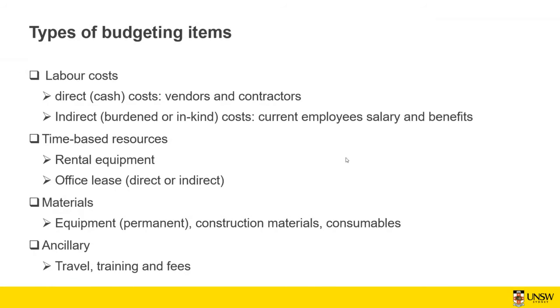Or it can be indirect: the office that you and the staff are currently using as part of the organization, but you contribute some of that as a time-based resource for the project.